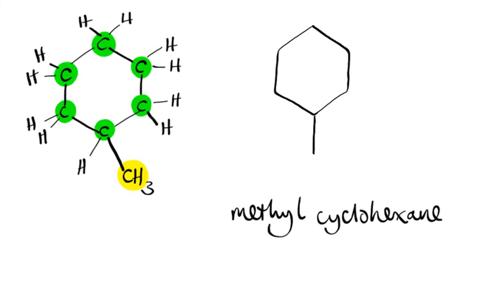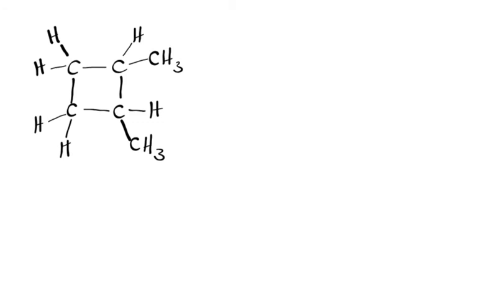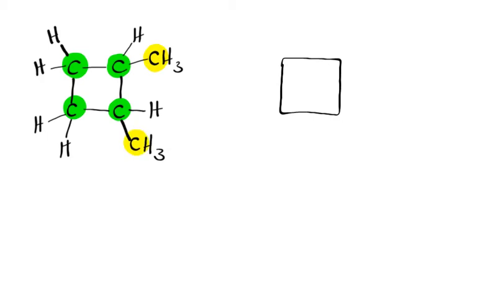Here's the final example in this video. See if you can draw this skeletally. Well, the cycle is made up of these 4 carbons, which we represent as a square, and then we have the 2 methyl groups attached, so we'll put one there and the other one on the adjacent carbon.